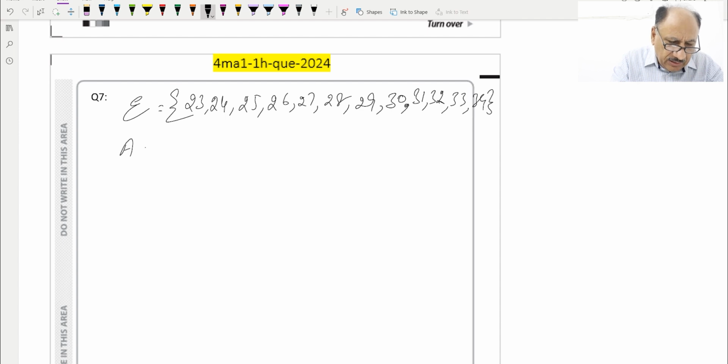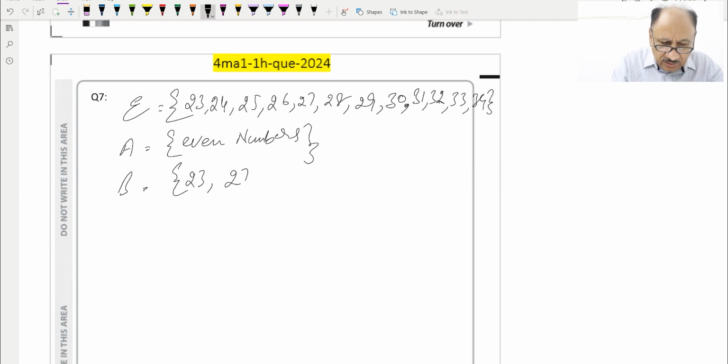A is given. A is the set of even numbers, and B is given as 23, 29 and 31, only three members, and C is multiples of 3.